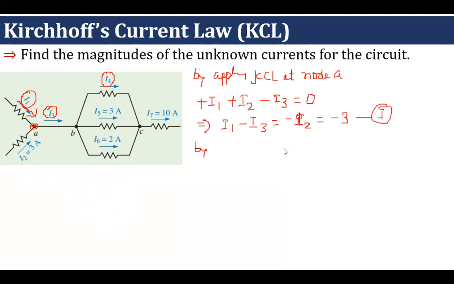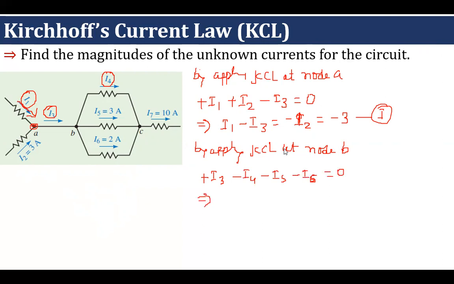Now by applying KCL at node B, what can we write? Plus I3 minus I4 minus I5 minus I6, all these three currents being outgoing currents, is equal to 0.